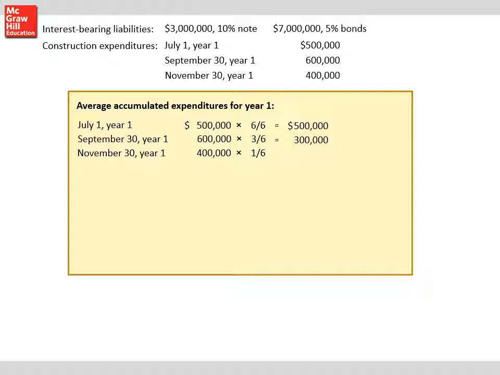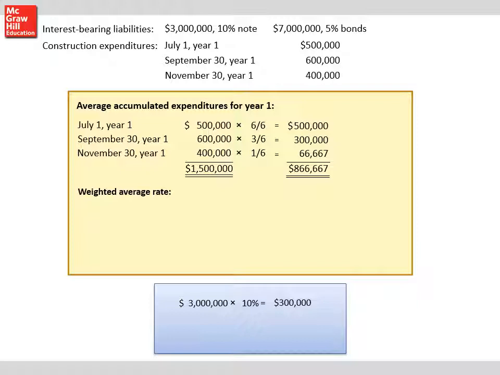And then the November 30th, we would only have to calculate interest on 1 of the 6 months it was outstanding during the year, or $66,667. So we use the 6 in the denominator because the construction started during the year. So the total expenditures were $1.5 million, but we only have to calculate interest on $866,667 of them.